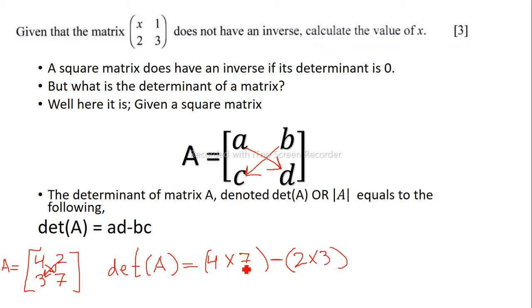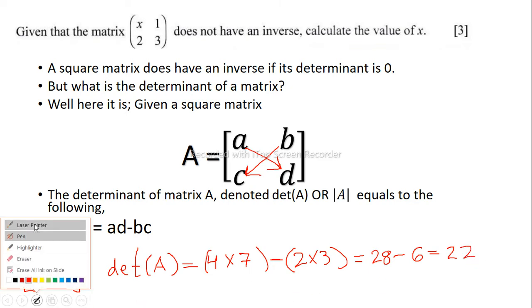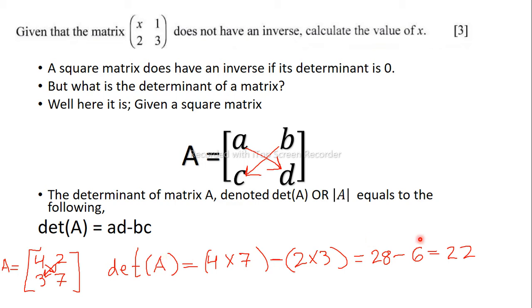What is 4 times 7? 28. And what is 2 times 3? 6. What is 28 minus 6? 22. So the determinant of this matrix is 22.